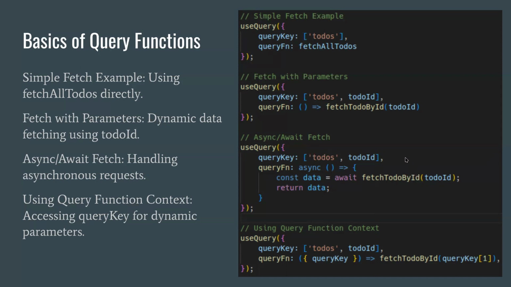And we can even use the query key to dynamically fetch data based on function context. But you're most likely to use the first three.